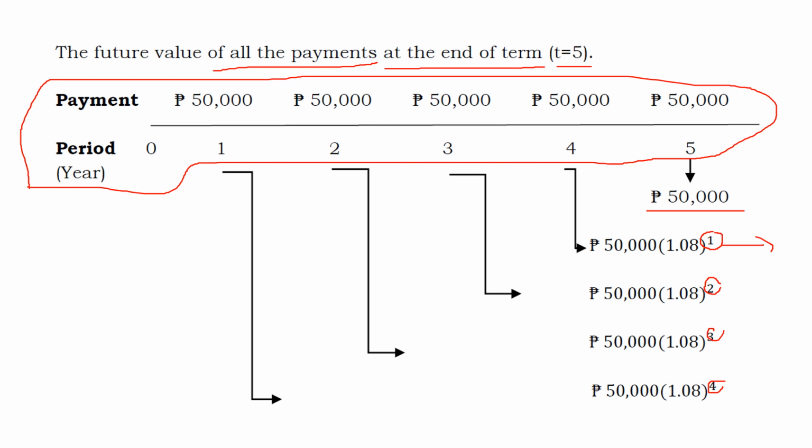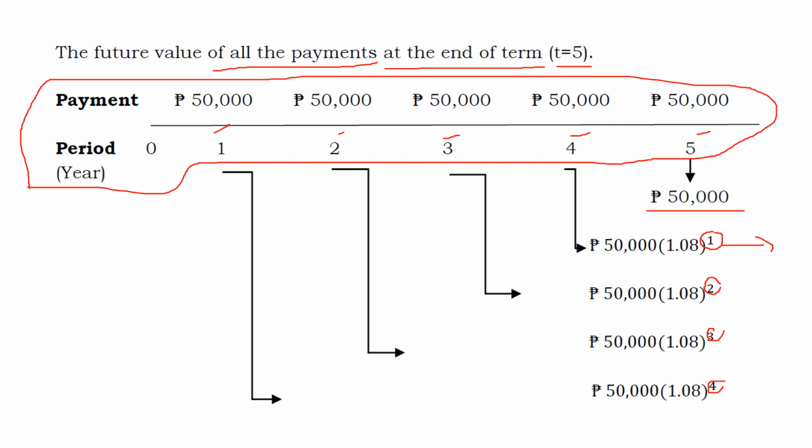So we're going to apply the compound interest formula on this one, wherein we apply compound interest to the principal that is being deposited every year for the first year of payment, second year of payment, third year of payment, fourth year of payment, and up to the last year of payment, which is your fifth year.